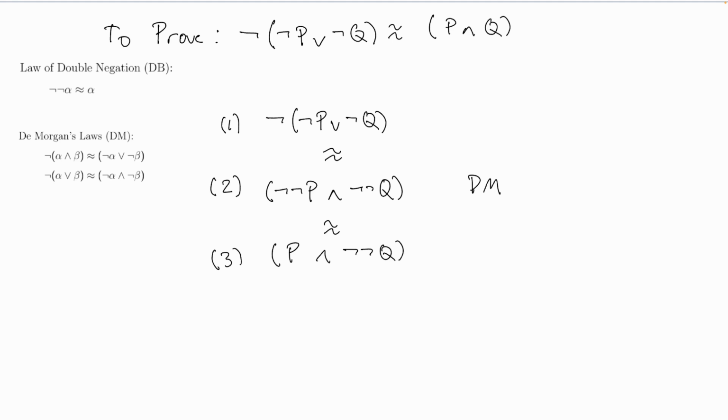What the law of double negation tells me about P and not not Q is that it's equivalent to not not P and not not Q. That law by itself doesn't tell me that not not P and not not Q is equivalent to P and not not Q. To conclude that those formulas are equivalent, I need to assume not only that not not P is equivalent to P, which is something that the law of double negation tells me, but also that because not not P and P are equivalent, we can swap one for the other inside of a formula, and the new formula after we've performed the swap will be equivalent to the formula we had before.